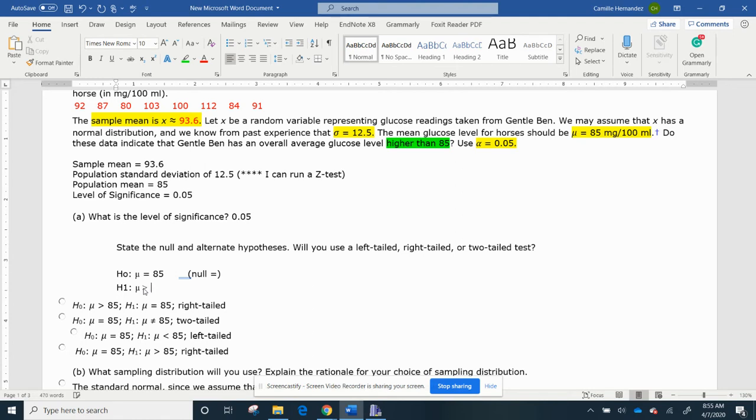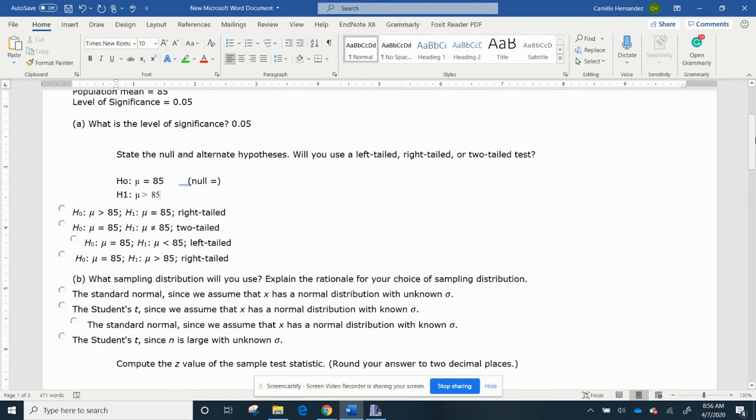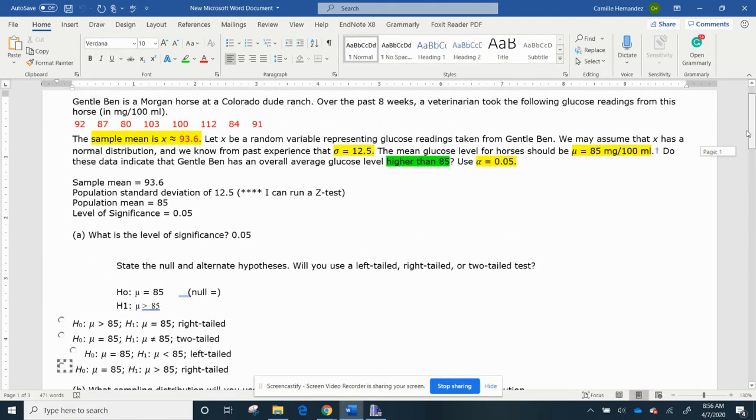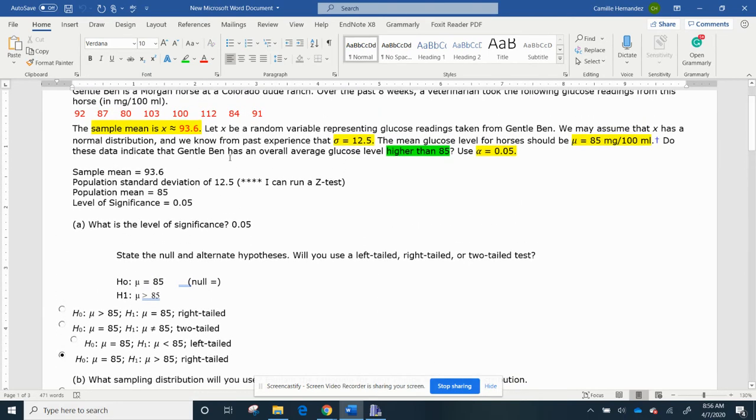I know it looks a little bit different. Sorry about that, but there we go. Those are my two hypotheses. All right. So if I look here, I want to know if it's greater. Remember, do I want to know if Gentle Ben has an overall glucose level higher than 85?